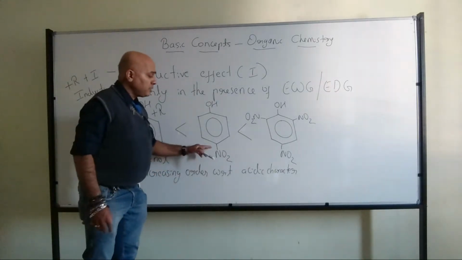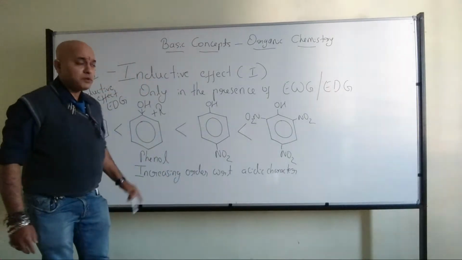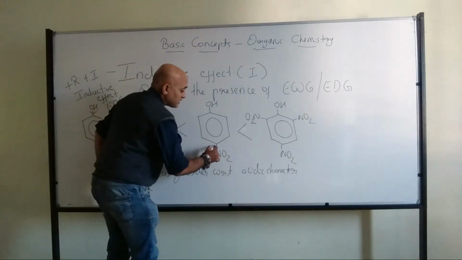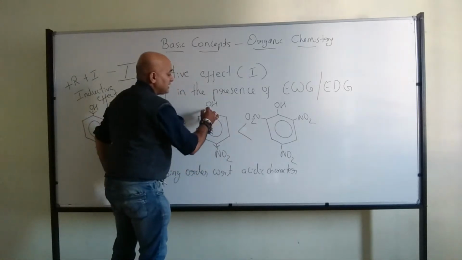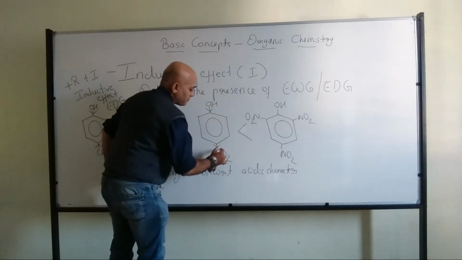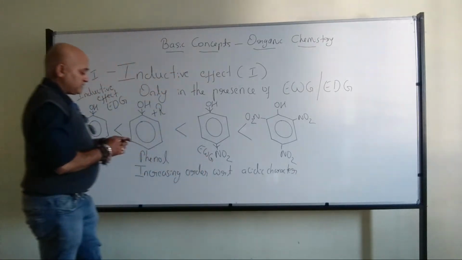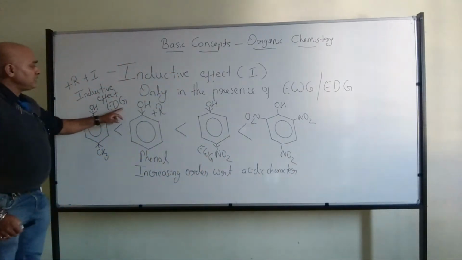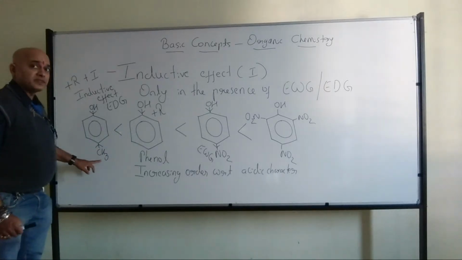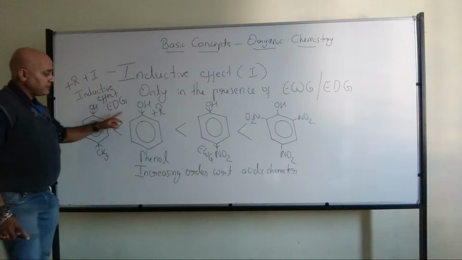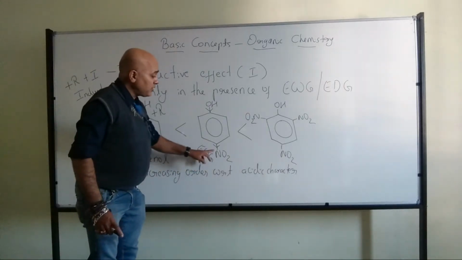Now when I am talking about 4-nitrophenol, it will be more acidic compared to phenol. So what is the reason? That is because we have an electron withdrawing group. That's why it differs from electron donating group. So here methyl group is an electron donating group, but here it is an electron withdrawing group.